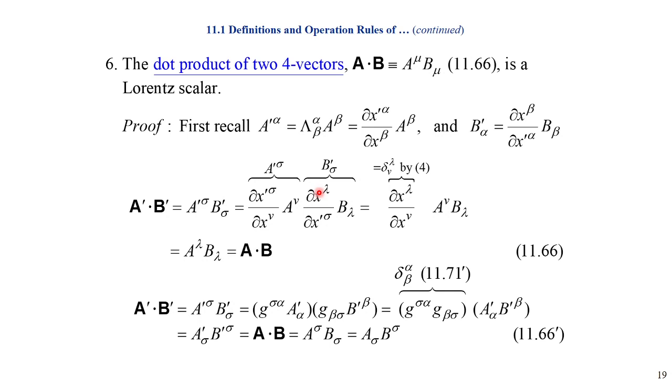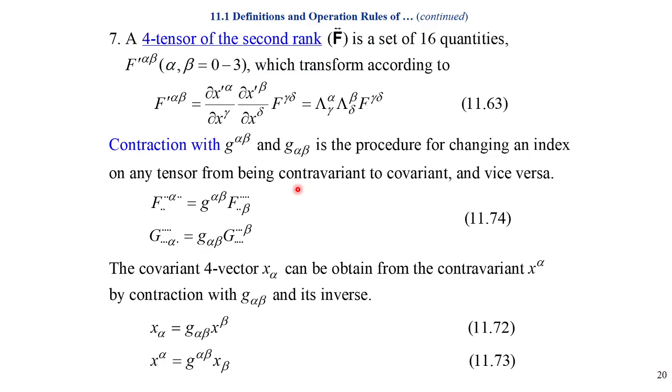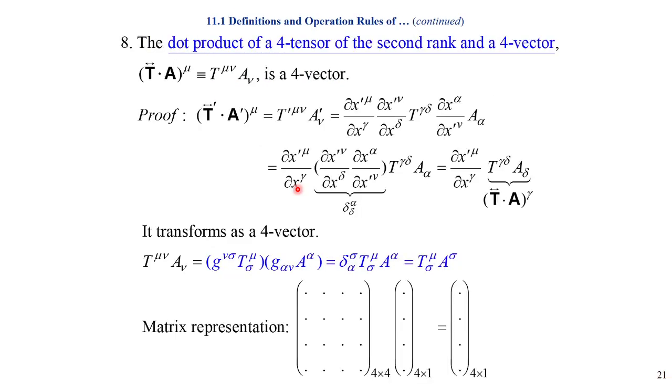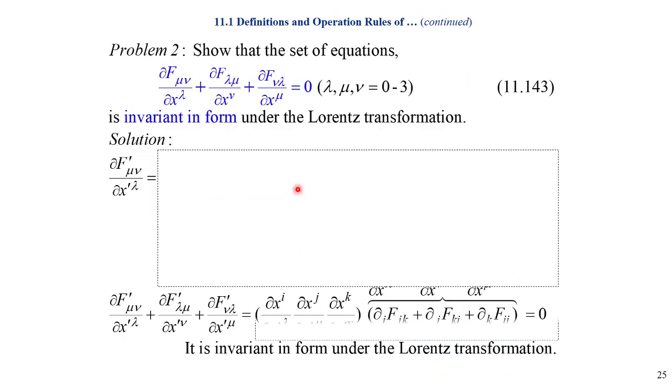Item 6 tells us that the dot product, the inner product of two 4-vectors, is a Lorentz scalar and will be invariant under Lorentz transformation. Maybe we will use this one soon.